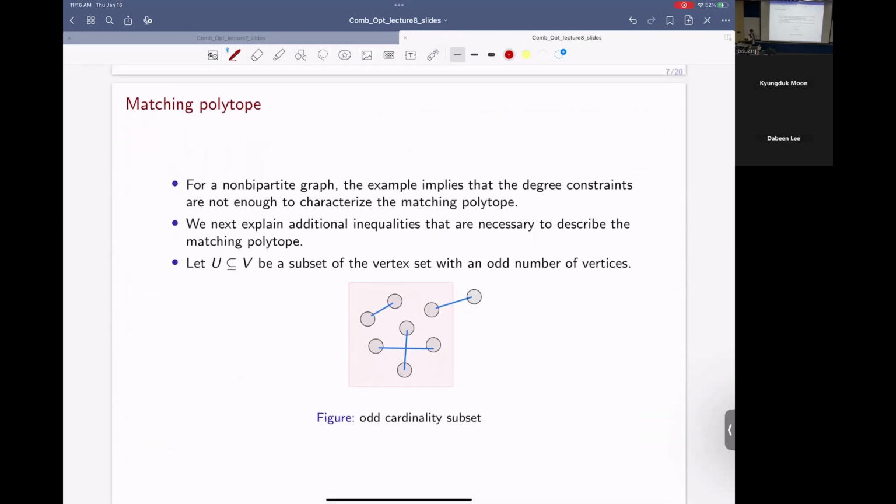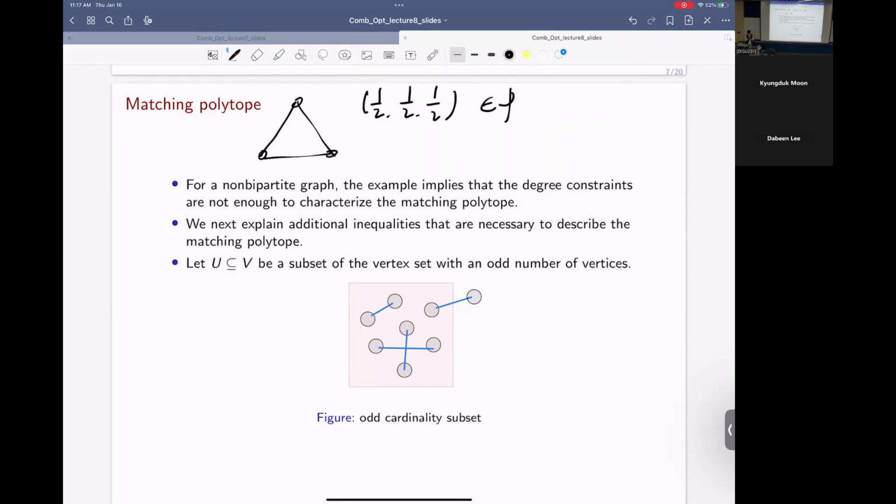So for bipartite graphs, we just write down the degree constraints and the 0, 1 bounds on the variables. That gives you the matching polytope. But for the example of this 3-cycle, we know that 1/2, 1/2, 1/2 belongs to the polytope P, which only has its bound constraints and the degree constraints.